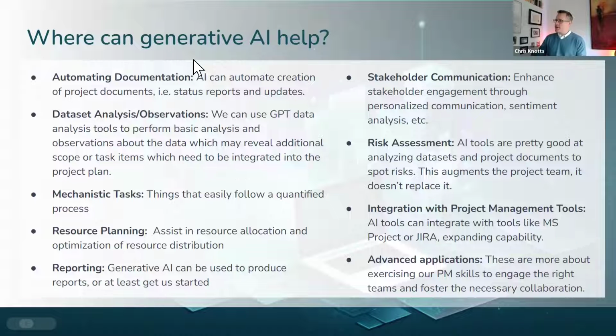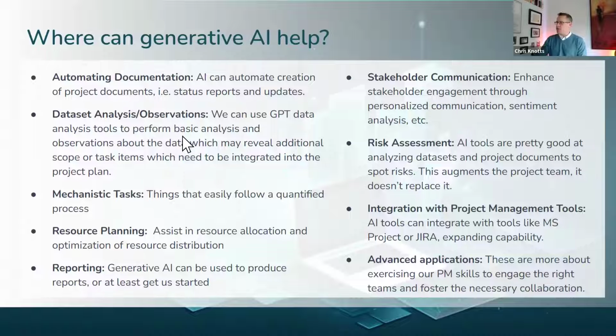So where can generative AI help specifically with project management work? This is just a snapshot. Again, not an exhaustive list, but I would say probably the most common ones, if you think about project management AI use cases. I won't necessarily spell through all these one by one, but these are some common ones.